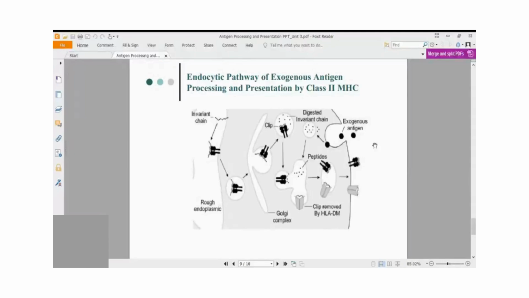In class 1 MHC absence, if class 1 MHC is absent, then immune response will rely only upon those antigens of the viral or bacterial origin to be presented on class 2 MHC, and immune response will be triggered for humoral as well as cell mediated, but there will be no CD8 T cell response.